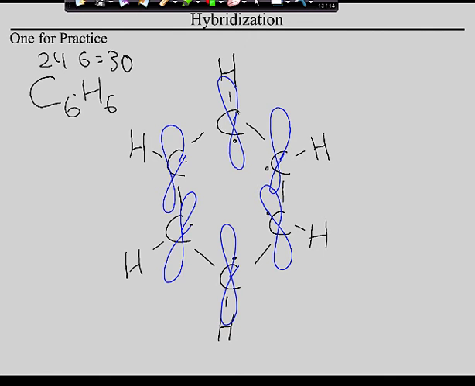Pi bonding, which you learned previously; delocalized pi bonding is the delocalization of a pi bond. How do pi bonds form? Unhybridized p orbitals, and in this case, these unhybridized p orbitals wrap around the entire molecule, resonance stabilizing the entire molecule and creating these delocalized pi bonds. You get the idea? Yeah?